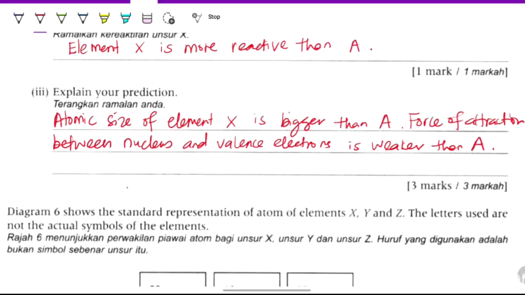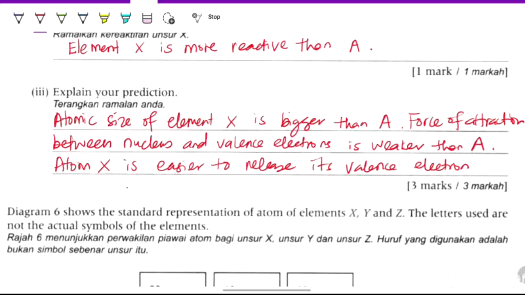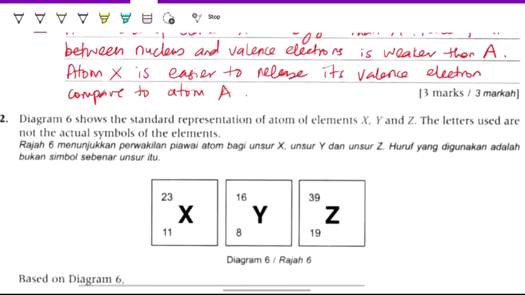So atom X is easier to release its valence electrons compared to atom A. That's why it is more reactive compared to atom A.